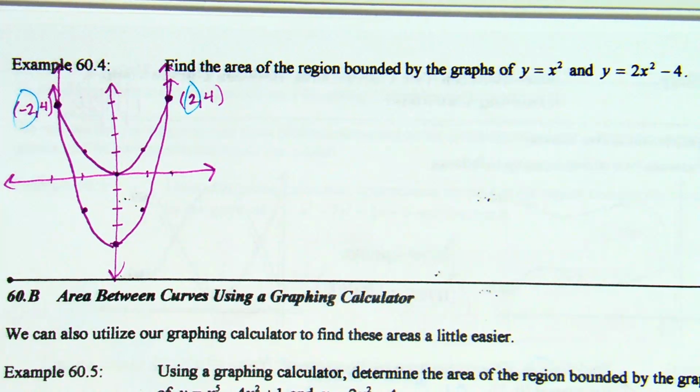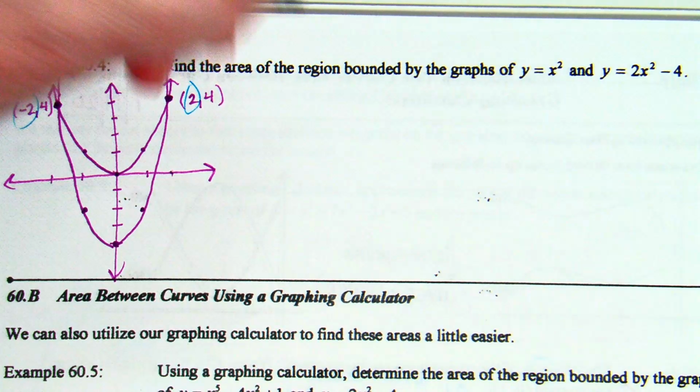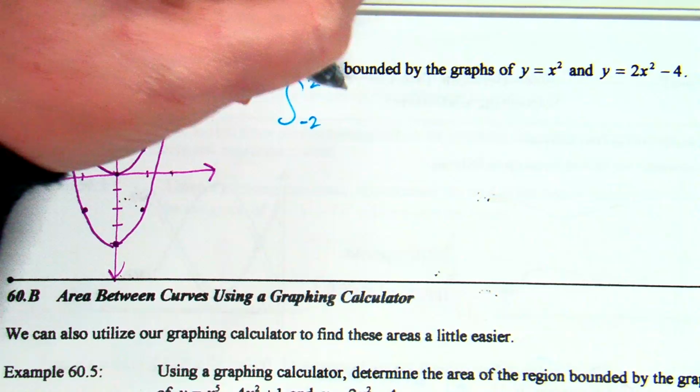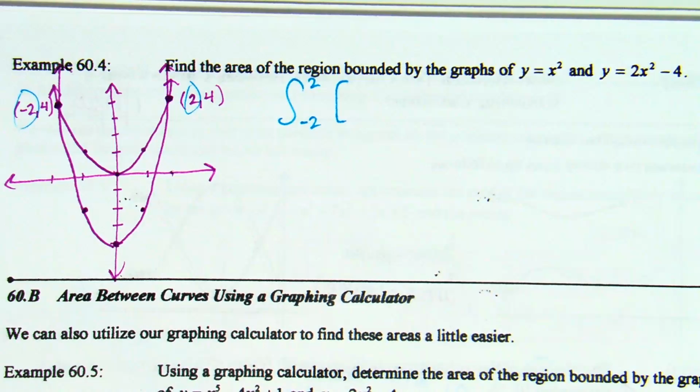So when it says find the area of the region bounded by the graphs, my boundaries are from negative 2 to positive 2. So I'm doing the integral from negative 2 to positive 2 of what? Negative x squared plus 4.